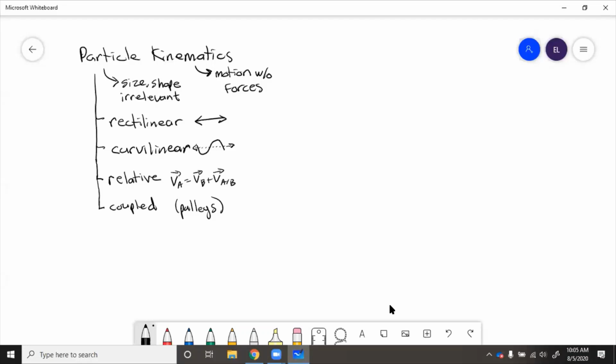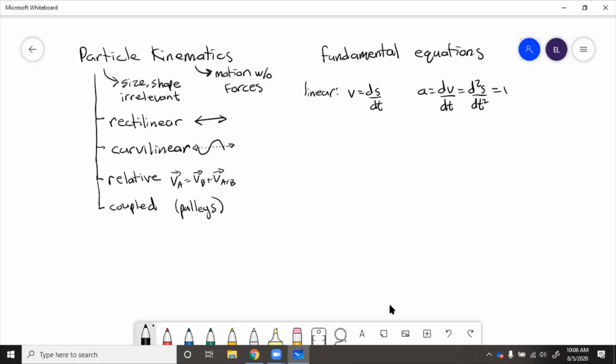Now, formulas for particle kinematics. We had the fundamental differential equations. For the linear case, we have v equals ds dt, and a equals dv dt equals d squared s dt squared equals v dv ds.